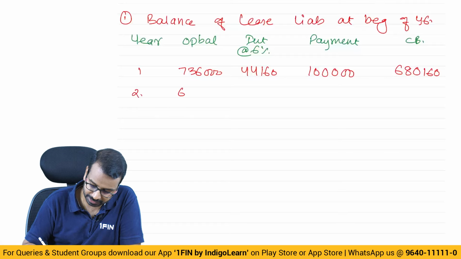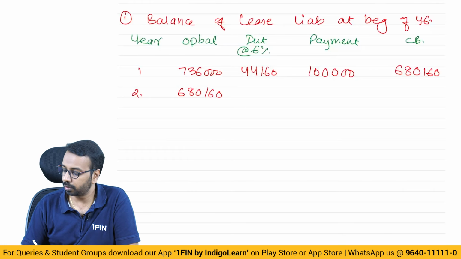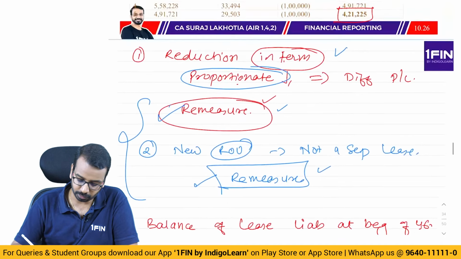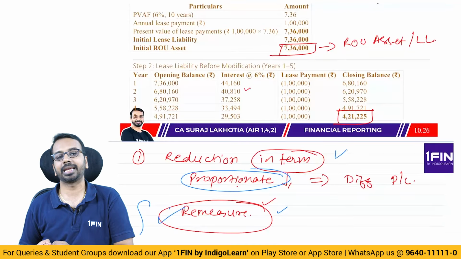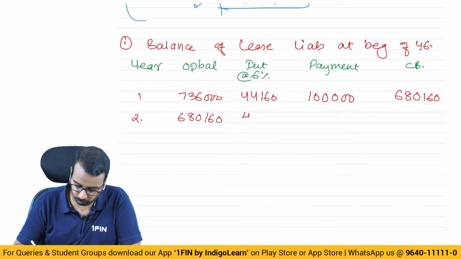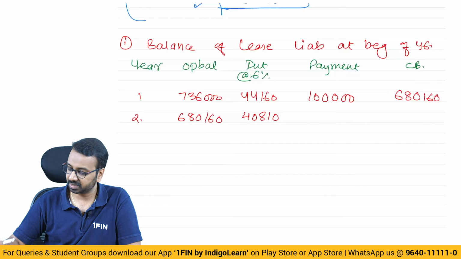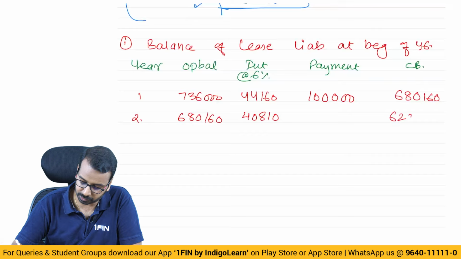Then second year, opening balance 680,160 into 6% is 40,809.6, rounded off to 40,810. 680,160 plus 40,810 minus 1 lakh, you get 620,970.